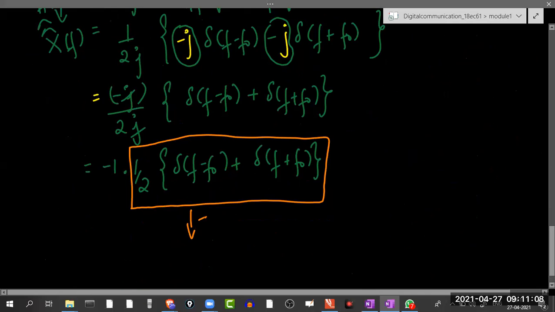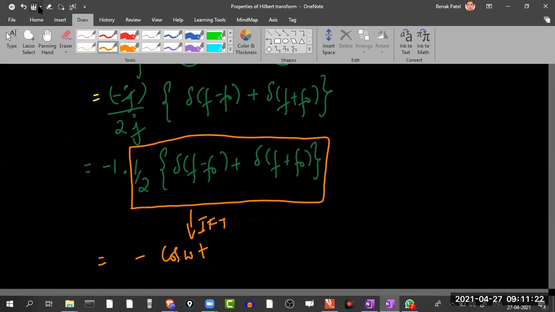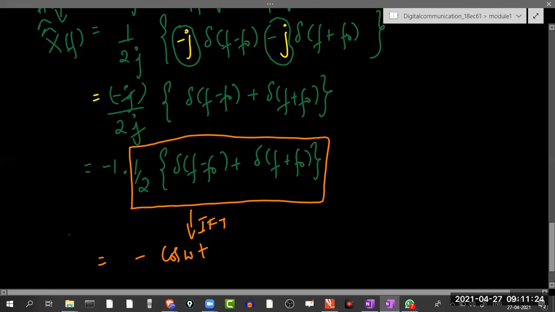So if I apply inverse Fourier transform onto this, I'll get cos omega t, associated with negative sign. So here we had x double cap of f, and when I apply inverse Fourier transform onto this, I'll have x double cap of t.